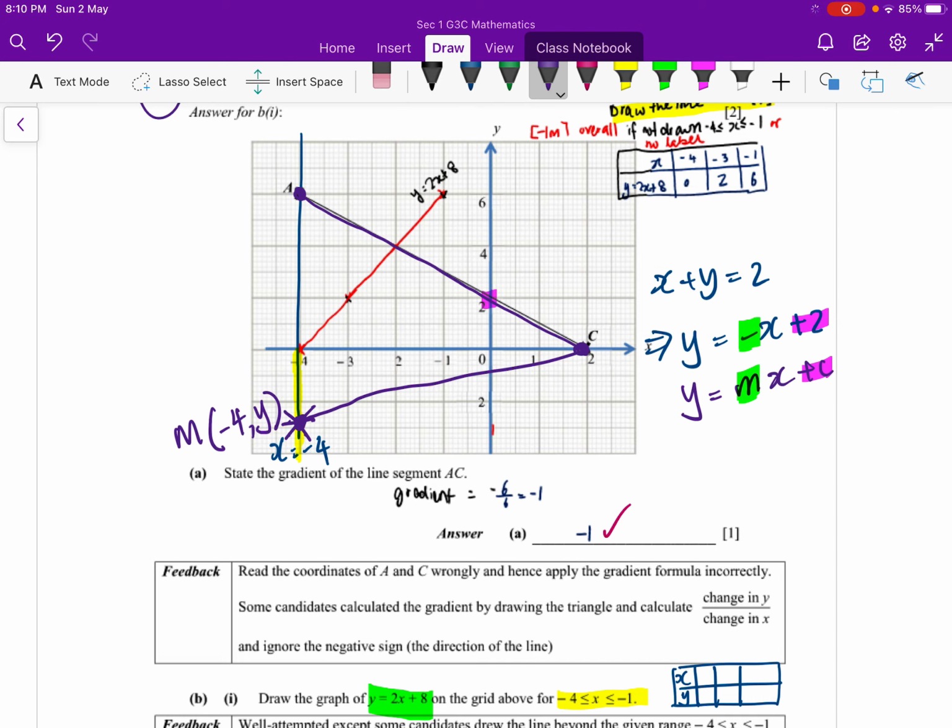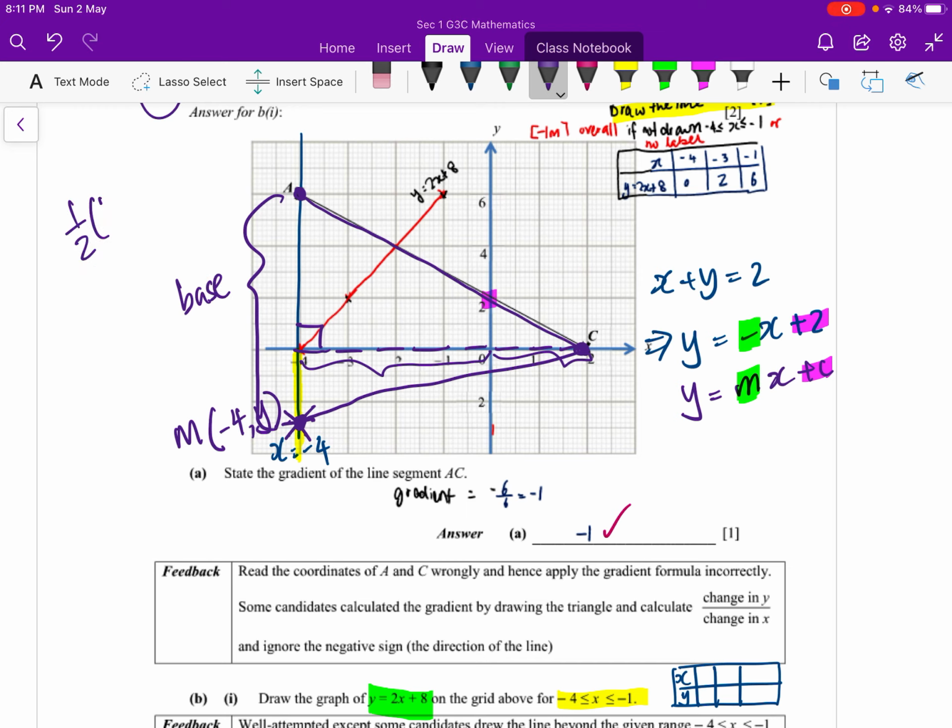So now we have a triangle with a perpendicular height that is the same as the x-axis. This perpendicular height has a distance of, over here, 4 units, and then another 2 units, total of 6 units. So this is our base.